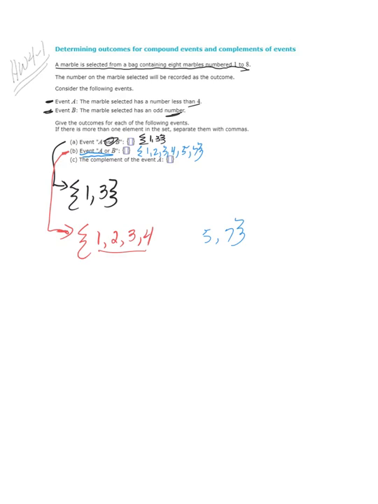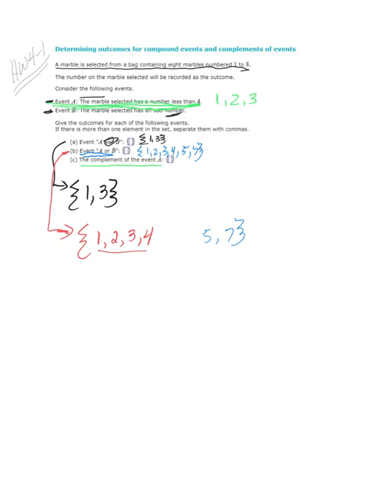Okay, the last thing we have to do here, it says the complement of event A. Remember, event A is picking a marble that has a number less than 4, being 1, 2, or 3. The complement to that is the direct opposite of that. So be careful here.